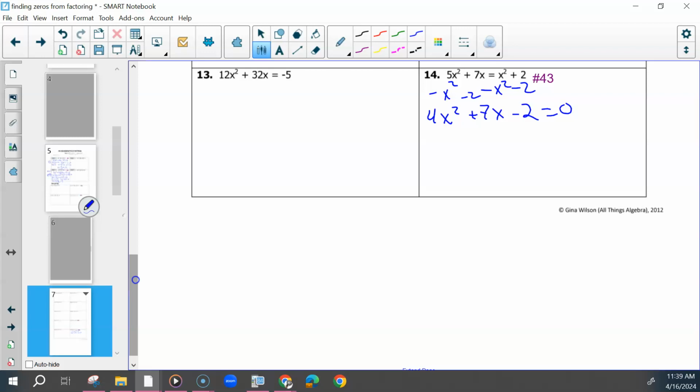And then, do we want to see this factored out? If we don't want to see this factored out, we're going to go on to the next page.